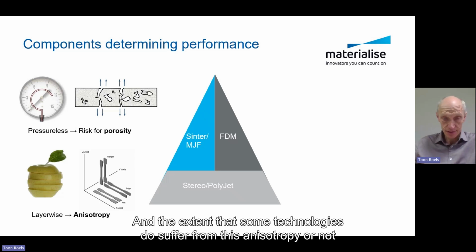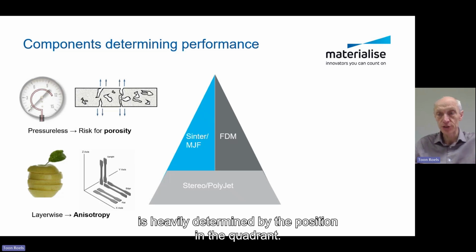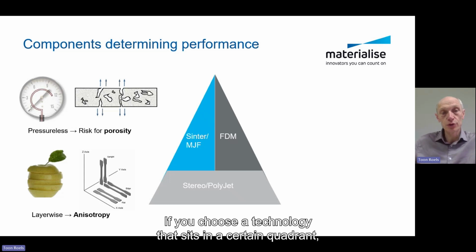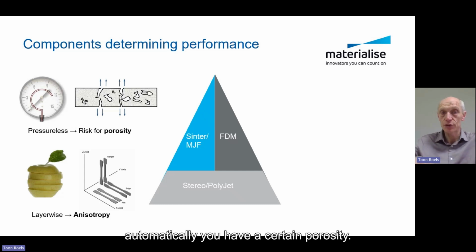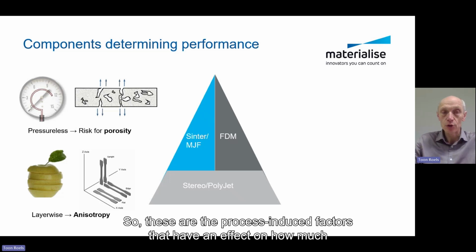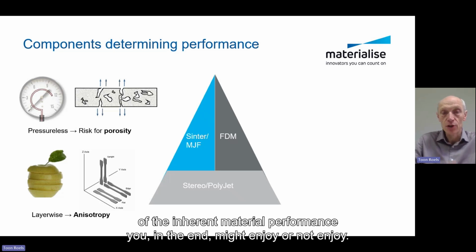And the extent that some technologies suffer from this anisotropy or not is heavily determined by the position in the quadrant. And the same with porosity. If you choose a technology that sits in a certain quadrant, automatically you have a certain porosity. And again, some quadrants come with high porosity and some quadrants come with low porosity. So these are the process-induced factors that have an effect on how much of the inherent material performance you in the end might enjoy or not enjoy.